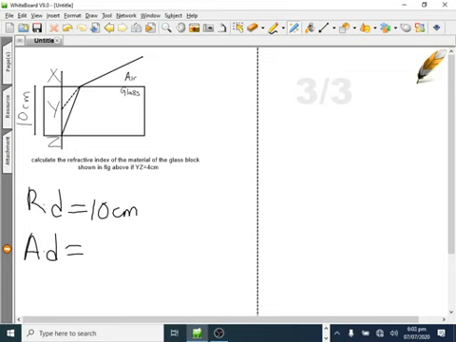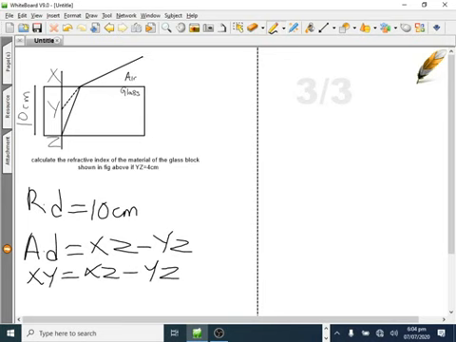So to find our apparent depth, it will be the total depth, which is XZ, minus YZ, because our apparent depth is the same as saying XY. So XY equals XZ minus YZ.